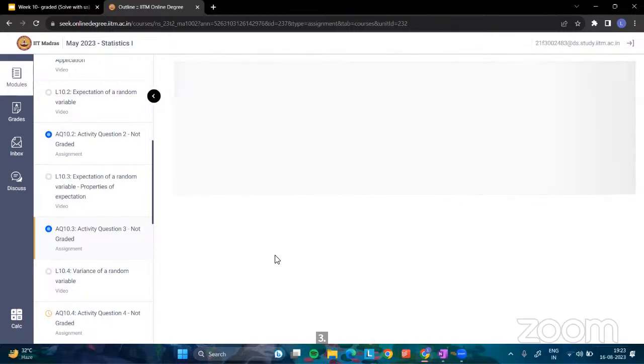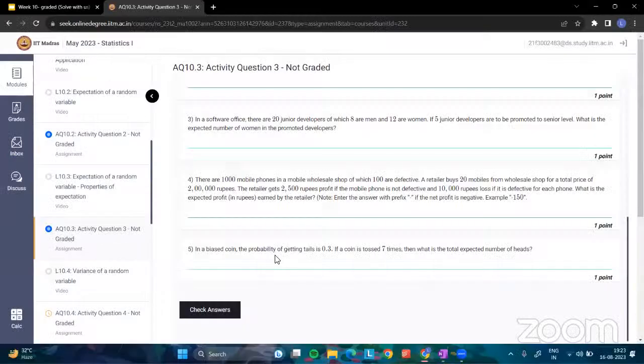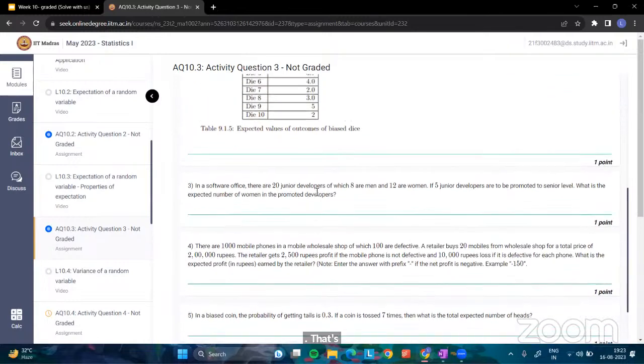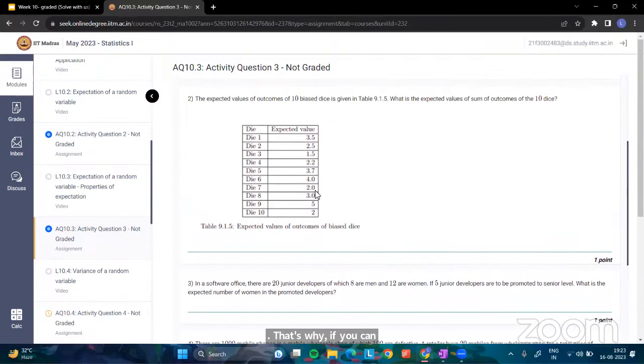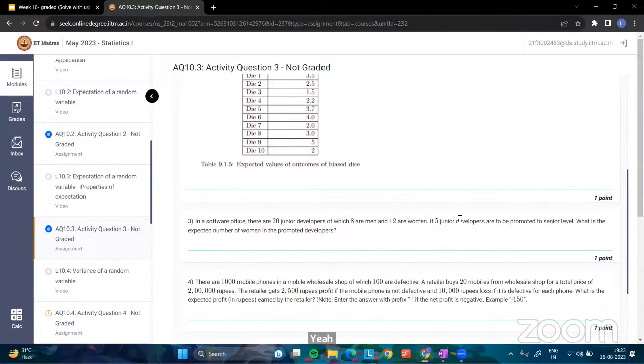Did you understand how to solve this question? Actually, I had not. If you can explain number 3, then it may help. Yeah, it's the same concept in 3 and 4 as well.